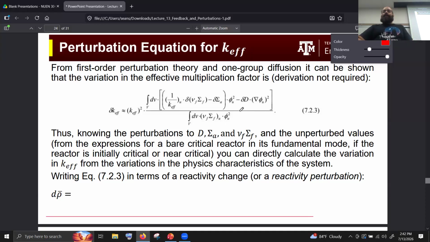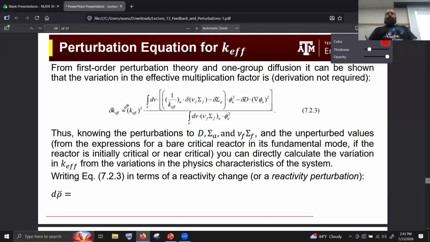If you know what those perturbations are, and you know the unperturbed values from a critical reactor analysis before you made the perturbations, then you can use 7.2.3 to see how K effective is perturbed by these various perturbations in other properties of our system.